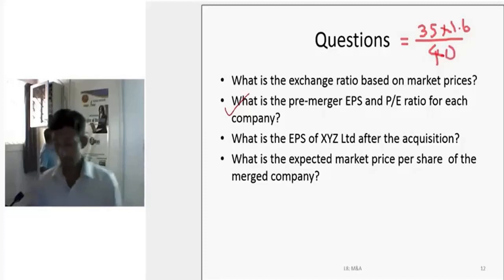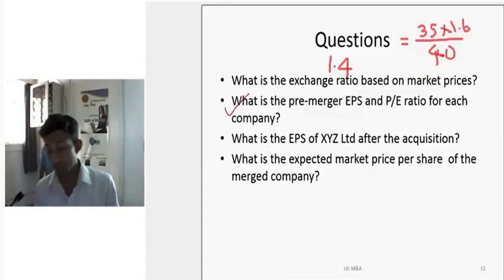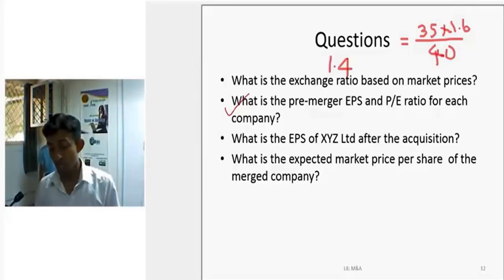So what is the exchange ratio based on the market prices, not just based on the shares, because based on the shares it is just 1.6 to 1. But if we look at it based on market prices, it's going to be how much? 1.4. So even though we say 1.6, when you look at the market price point of view, 1.4 shares of XYZ we are exchanging with 1 share of ABC.